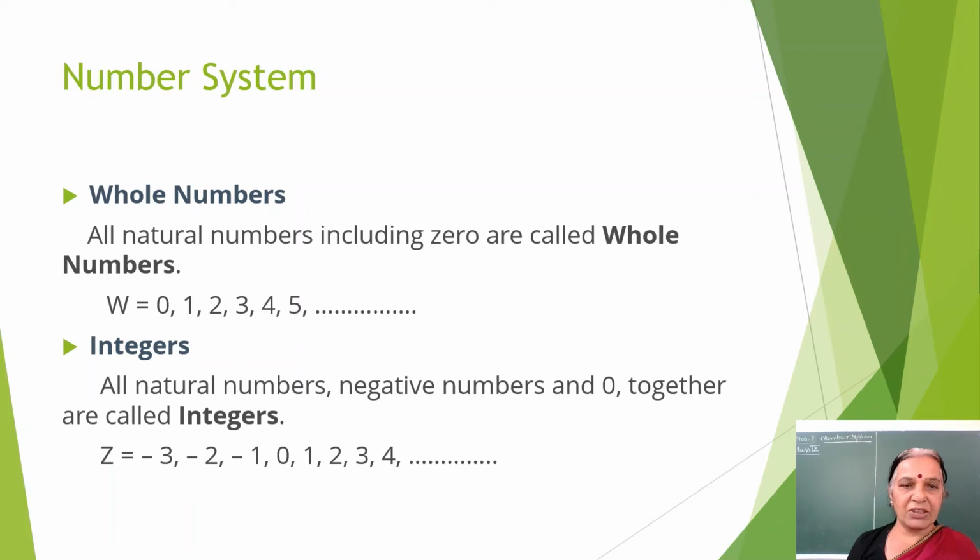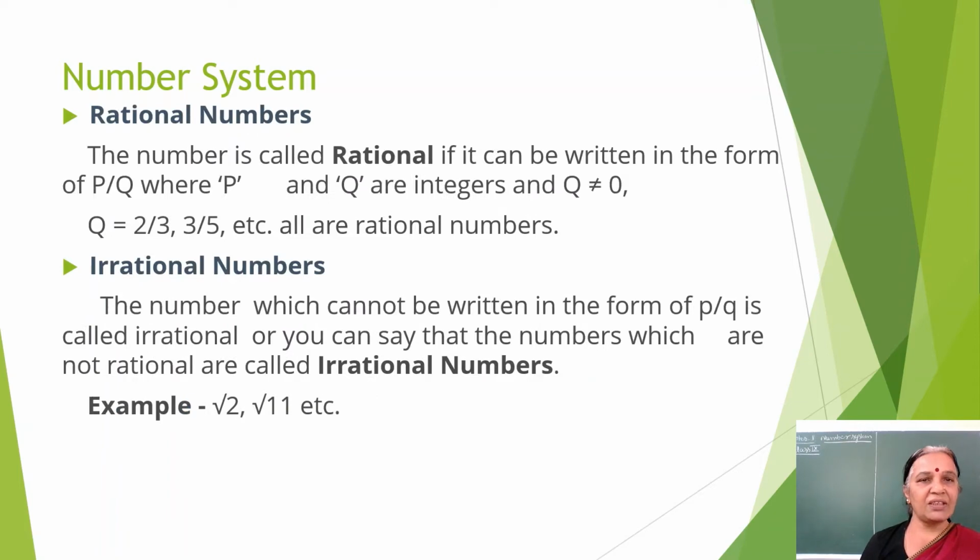And then the next one is integers. All natural numbers, negative numbers and 0 together are called integers. It is represented by the letter Z. Next, a rational number. The number is called rational if it can be written in the form of p by q, where p and q are integers and q not equal to 0.